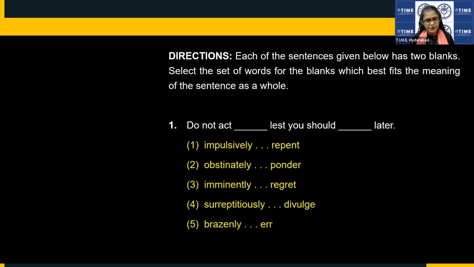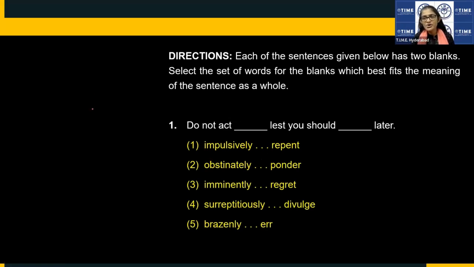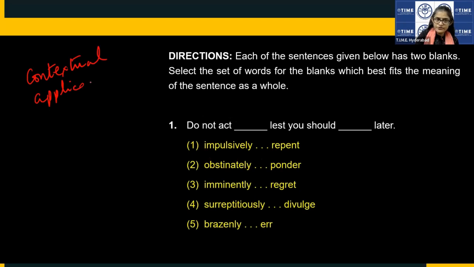Now, of course, for vocab based fill in the blanks questions, you do need a sound command of vocabulary, but just mugging up words may not be enough. Why? Apart from knowing the meaning, you should also know the contextual application of words, because very often in a higher level exam like your bank exam, you may get options which are very close to each other.